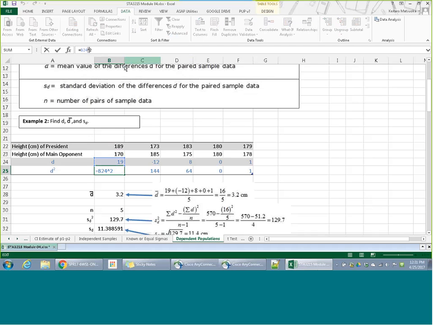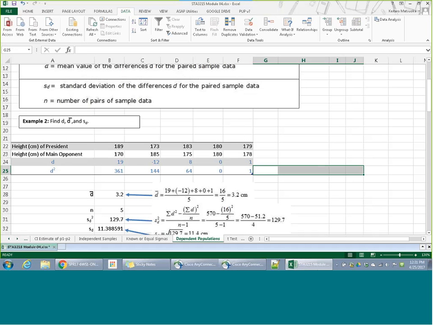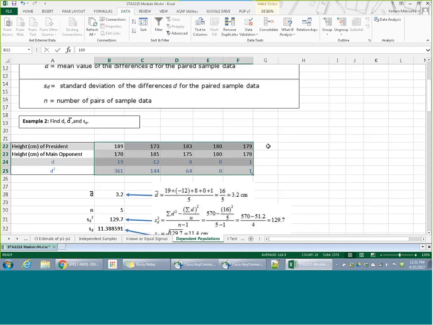This table will be able to handle up to 5 pairs. So if you have more, just repeat what's in here. This is just an example up to 5 pairs, but if you need to do more, just extend it and keep doing it.